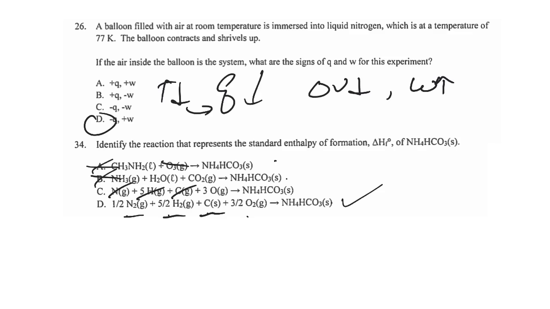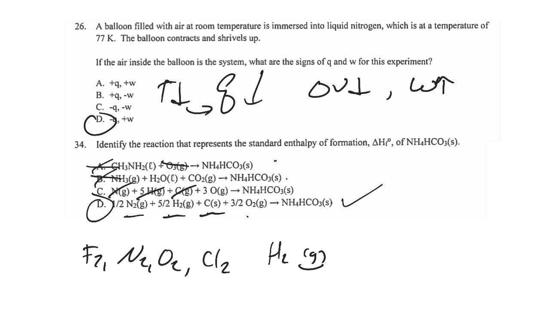So we need elements on the reactant side, but in their standard stable states. The ones I would know are H2 gas and the things that all share gas: F2, N2, O2, Cl2, and all the noble gases. All the noble gases are gases at room temperature. Bromine is Br2 liquid.